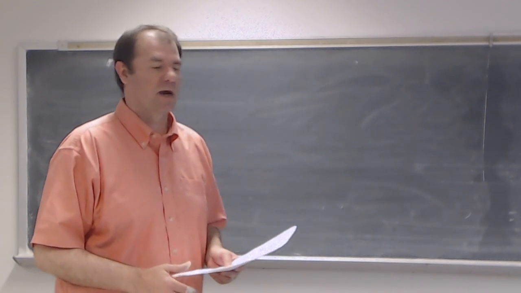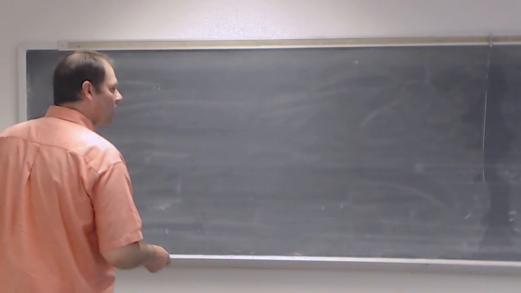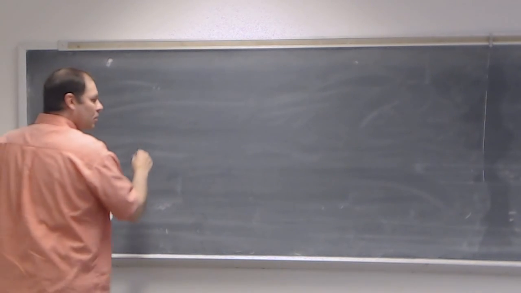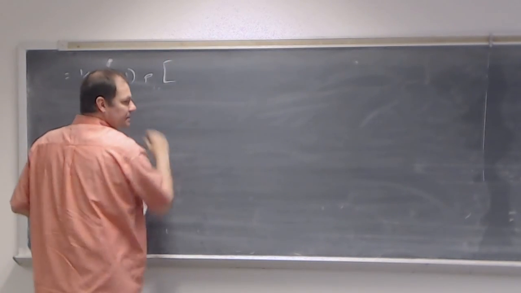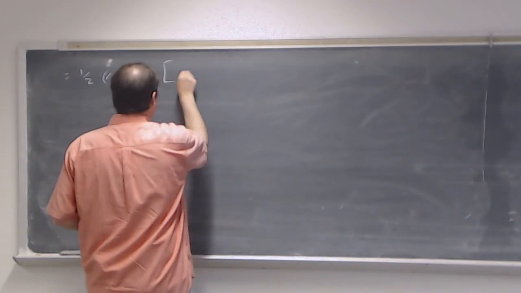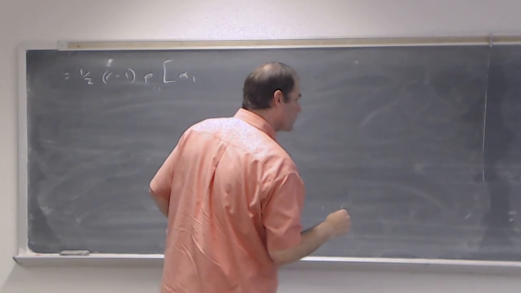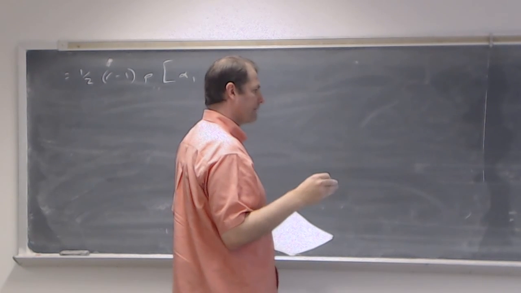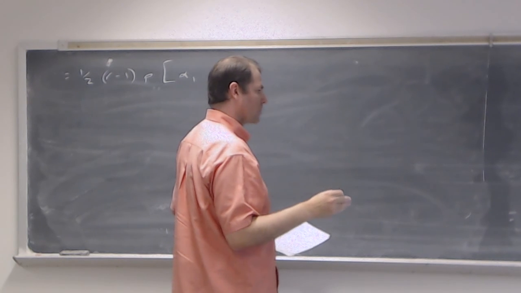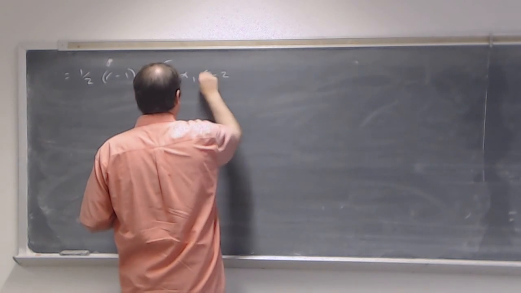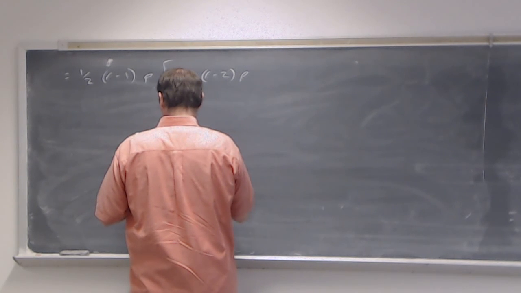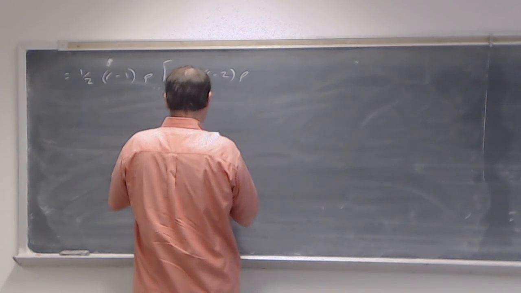R minus 2. That's right. Okay. That's good. And so now what we need, we get this is equal to 1/2 R minus 1 times P times, this is alpha sub 1. Here, the expected value of M sub 1 minus 1. So it's R minus 2, I think, times P. Let me check. Yep, that's right.